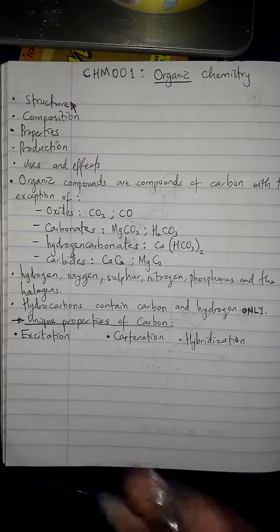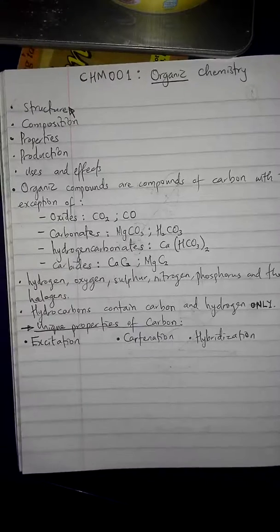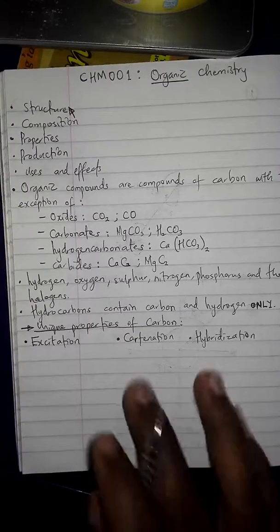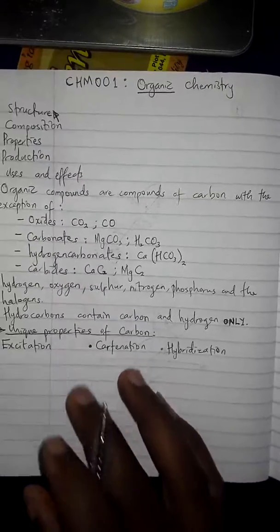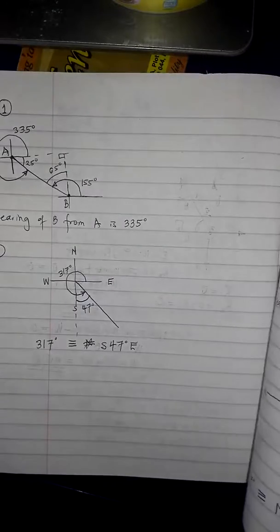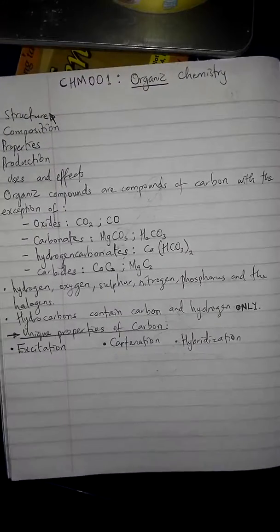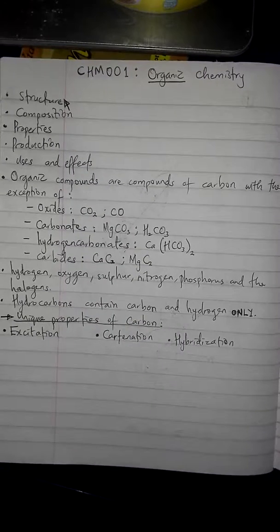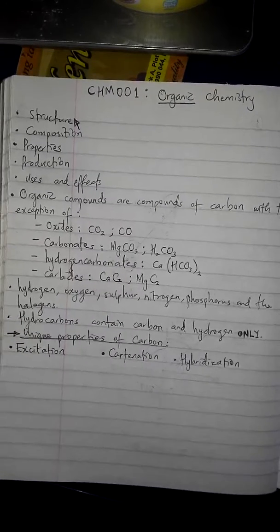You would recall from your periodic table of the elements that carbon is a group 4 element.